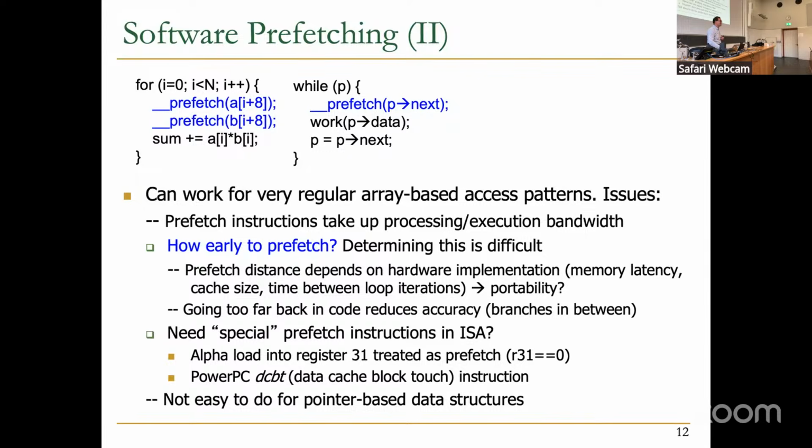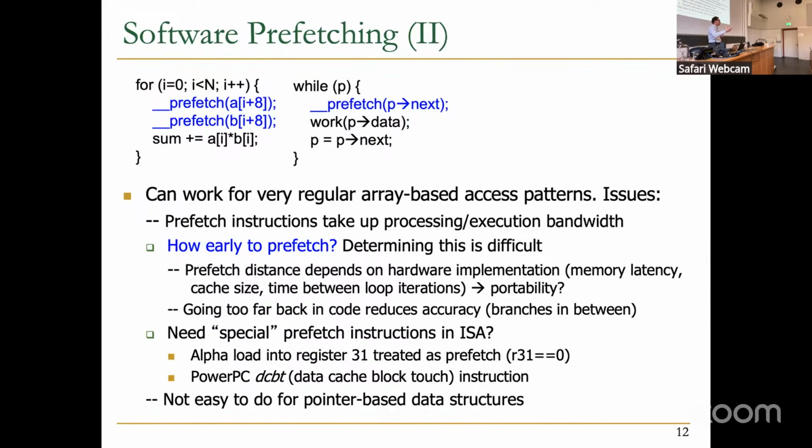It could work. Basically, your address is dependent on P, right? P points to your current linked list node, and next provides the address of the next linked list node. So you have some address calculation that you need to do based on that. If that's in your cache, this prefetch can go ahead, and maybe you can overlap the latency. Okay, that's fine. You basically prefetch for the next iteration of the loop.